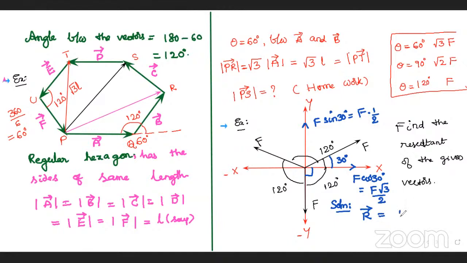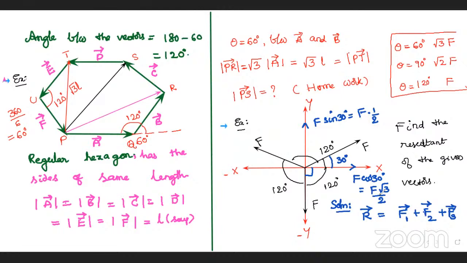For three vectors, F1 bar plus F2 bar plus this is F3 bar. So we have to add the three vectors, F1 bar plus F2 bar plus F3 bar.